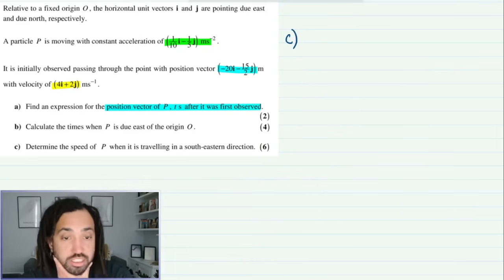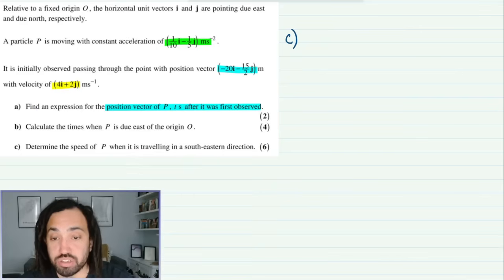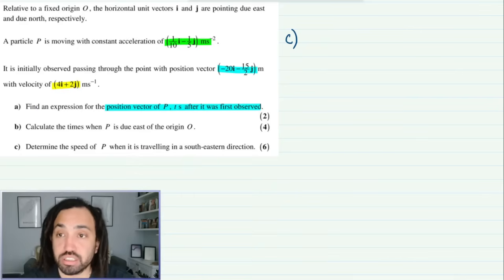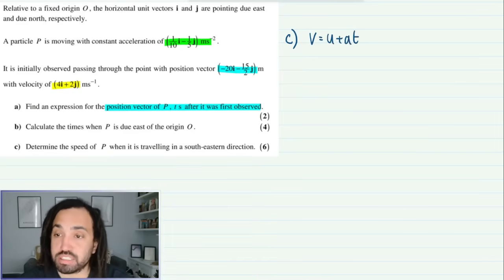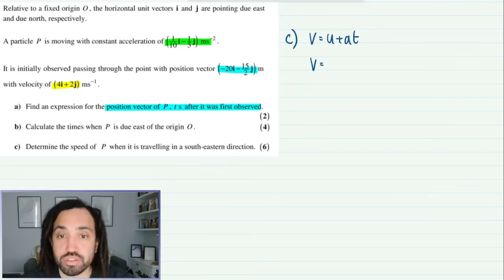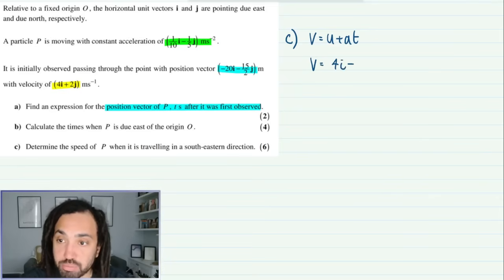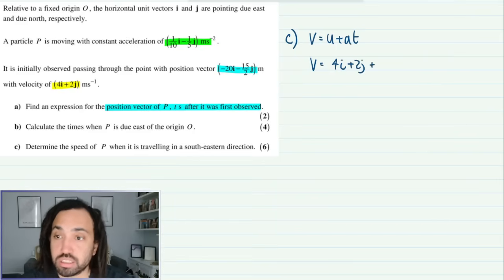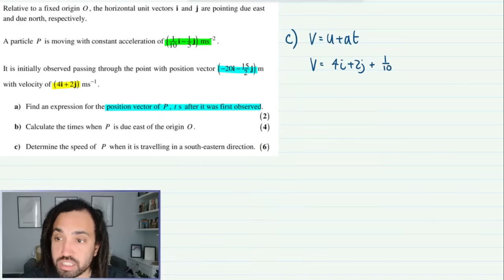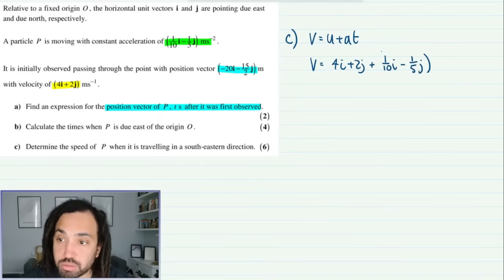Okay, part C, it says determine the speed when it is travelling in a southeasterly direction. So we need to look at the velocity, and we know the velocity is equal to u plus at. The initial velocity is 4i plus 2j, and then we're adding 1/10 i minus 1/5 j multiplied by t.